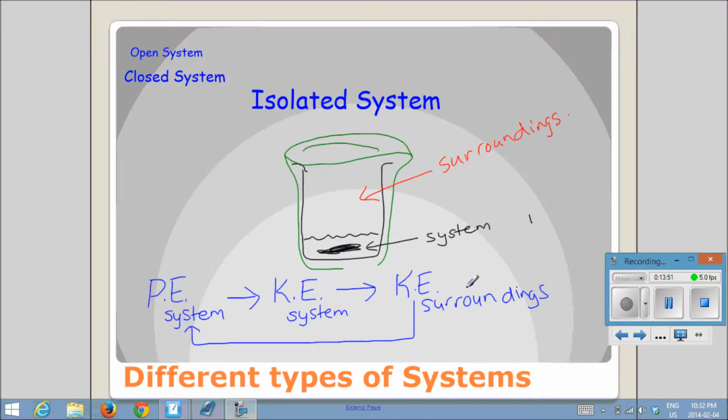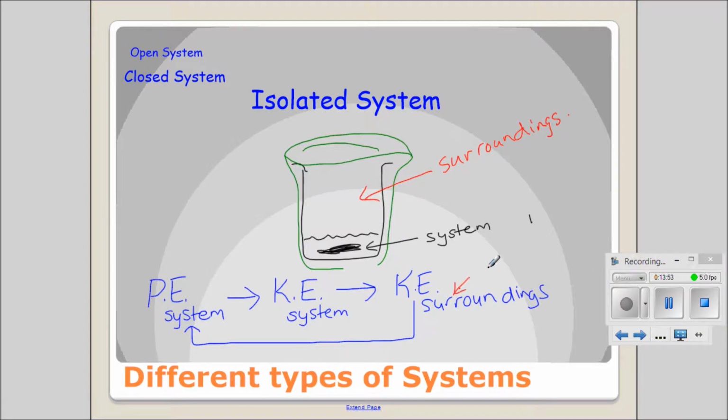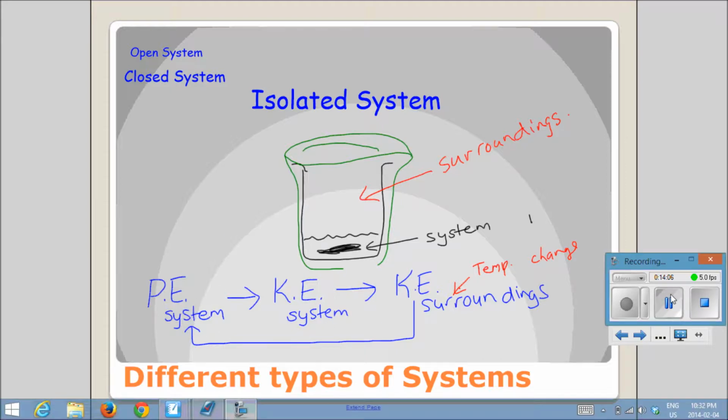So by measuring the heat change, or specifically the temperature change in the surroundings, we can eventually figure out how much energy has changed in our system. So we'll go through this, and we have to learn a new equation to be able to do this.